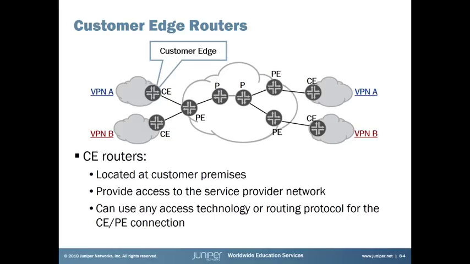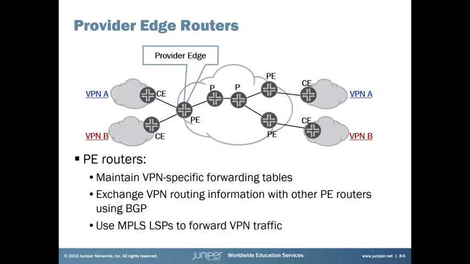The customer will simply have a default route pointing to the provider's gateway, and the provider could simply have static routes pointing back into the customer's network. That would work fine. Or you can have any other protocol, OSPF or whatever, between the CE and the PE. So a lot of flexibility as to how that works.